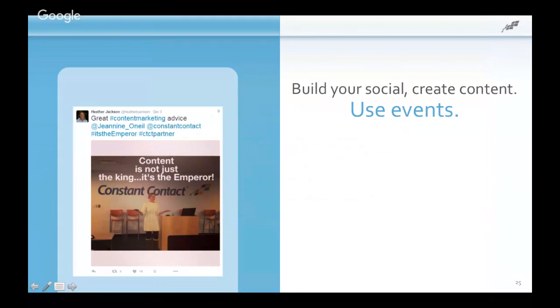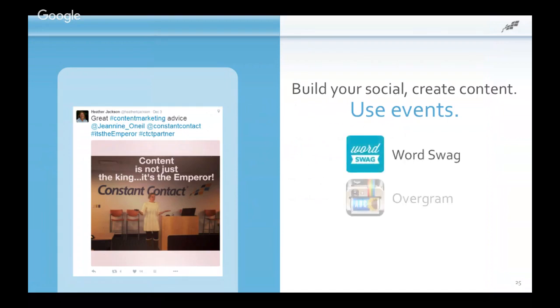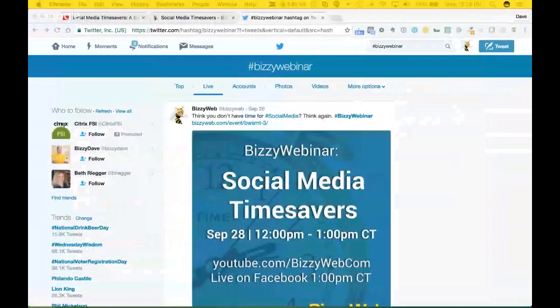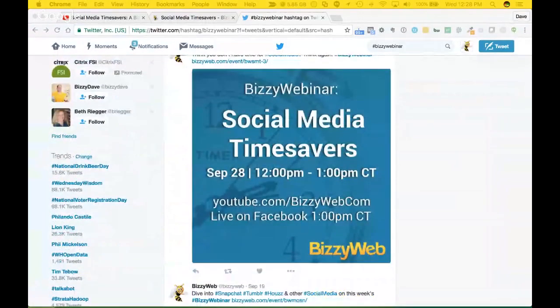So we're talking about creating content and events. In order to build your social media, using events can be an incredibly great way to get more interaction, to get more engagement. You can use tools like WordSwag, Overgram, and other content to drive people in using imagery for your events. So like with BizzyWebinar, we often use, and you'll see actually from our event page, an image that talks about the details of our event.